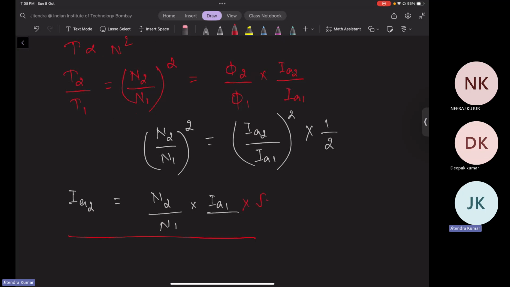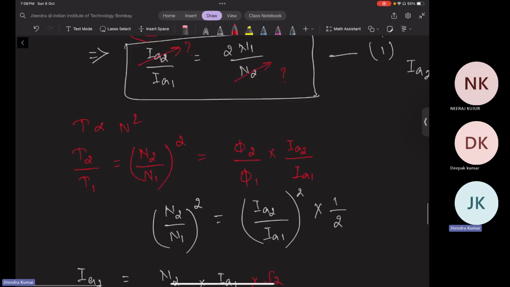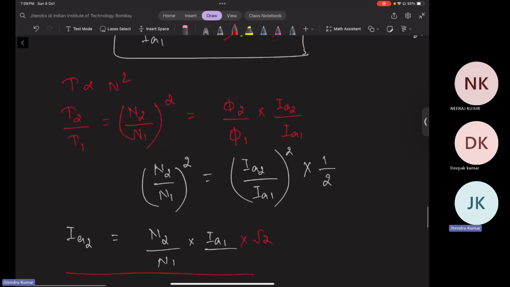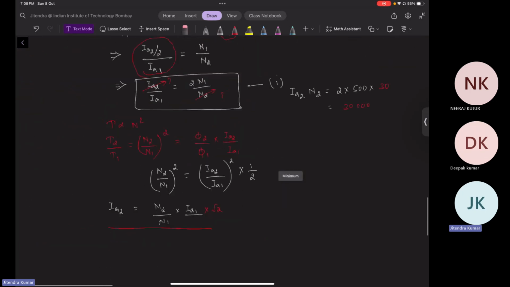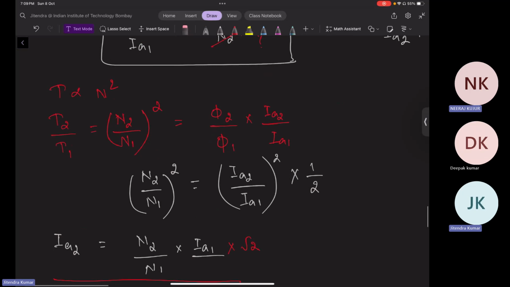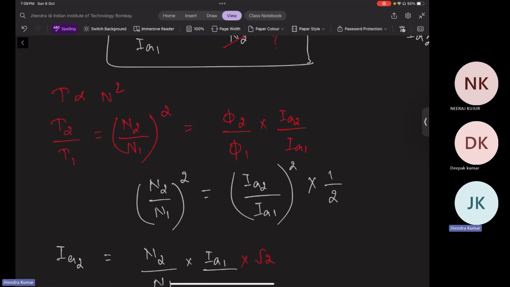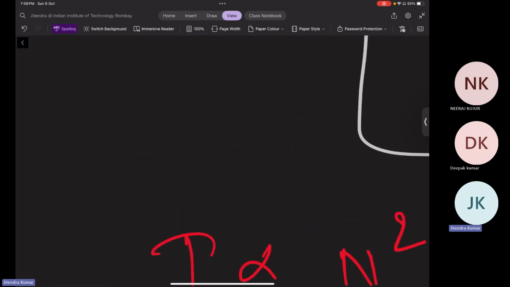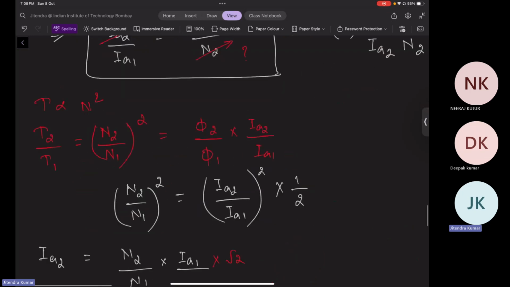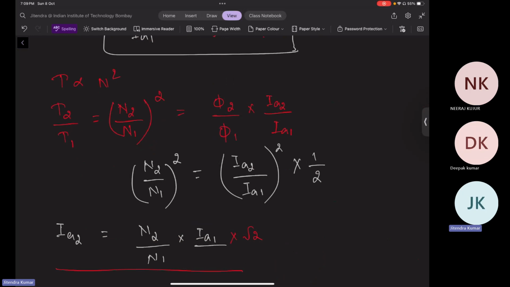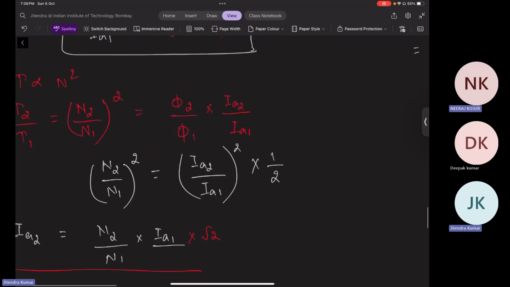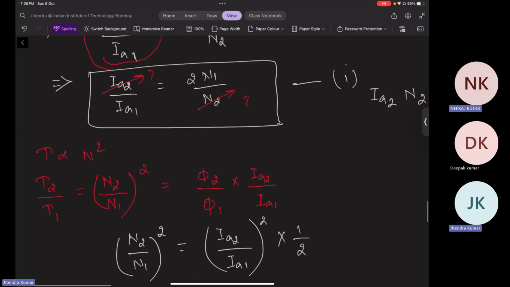But apart from this, any other difference you are able to find out with these two? Let me bring back this part. Sir, is the torque changing here?